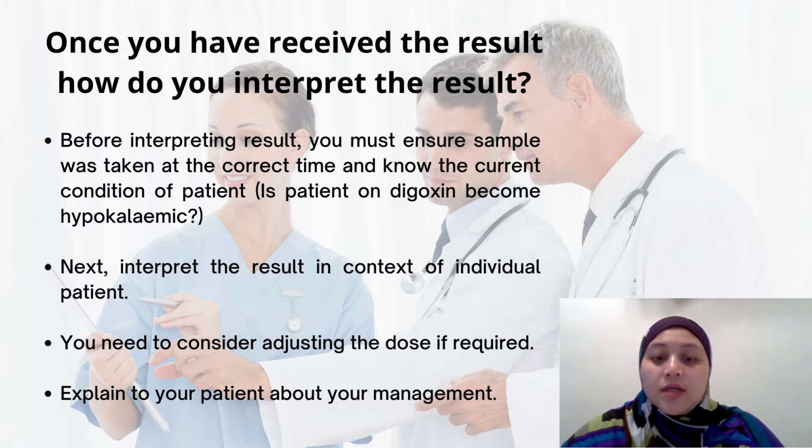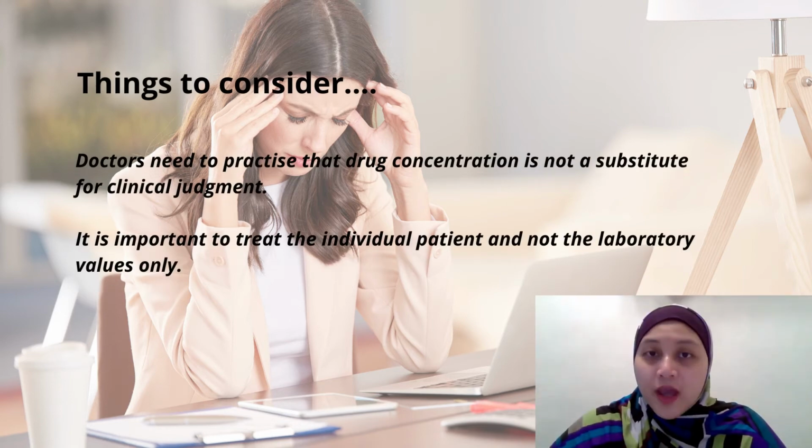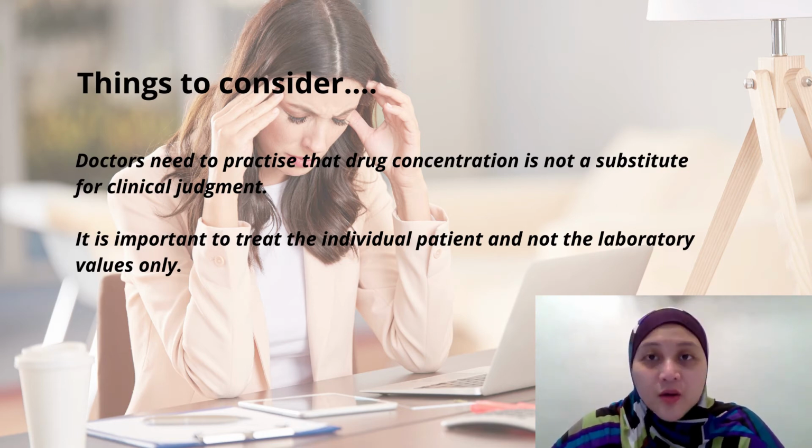You need to consider adjusting the dose of the drug if required. And don't forget to explain to your patient about your management. A few words of advice from me: doctors need to practice that drug concentration is not a substitute for clinical judgment. It is important to treat the individual patient and not the laboratory values.